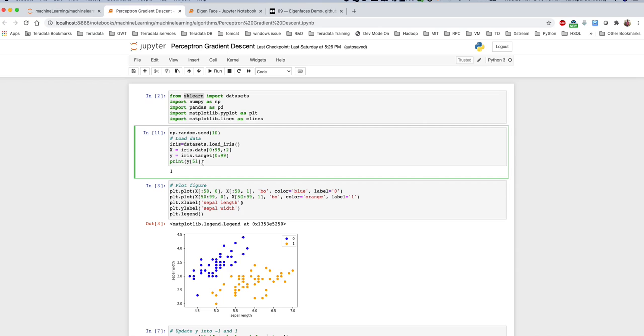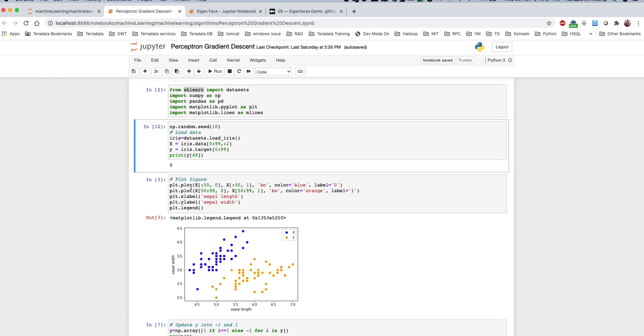You can see the y values for the rows after the 50th row are 1, and the y values for the first 50 rows are 0.